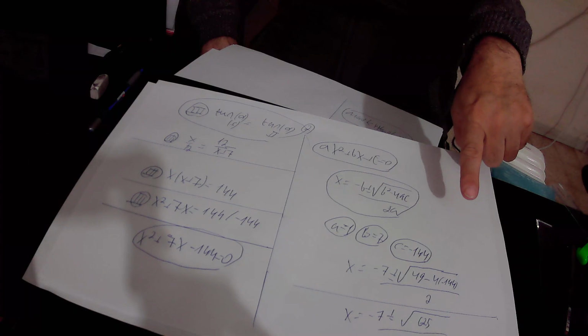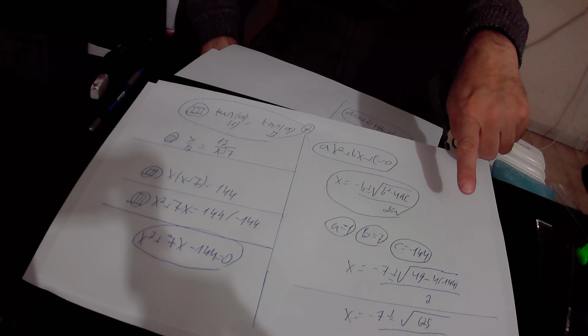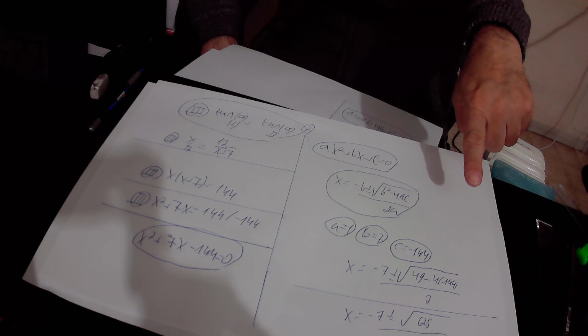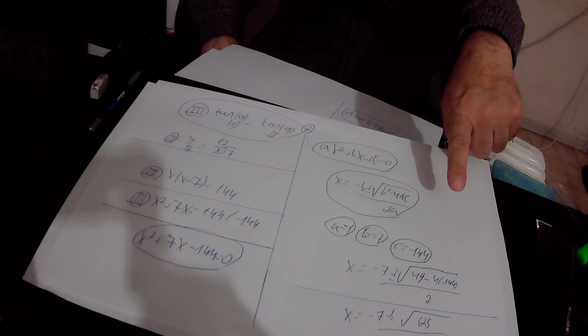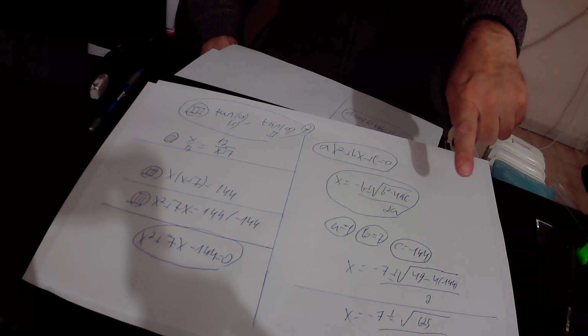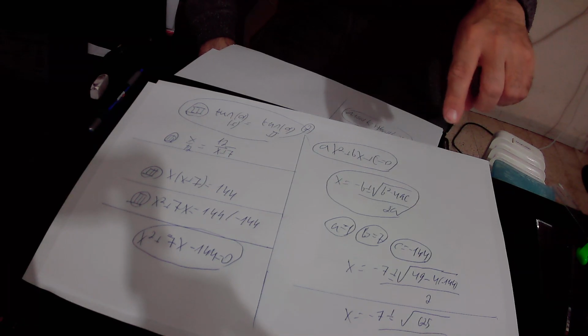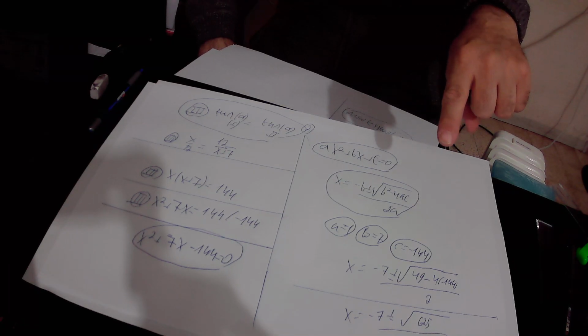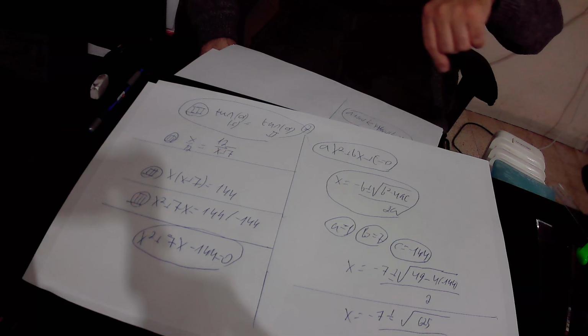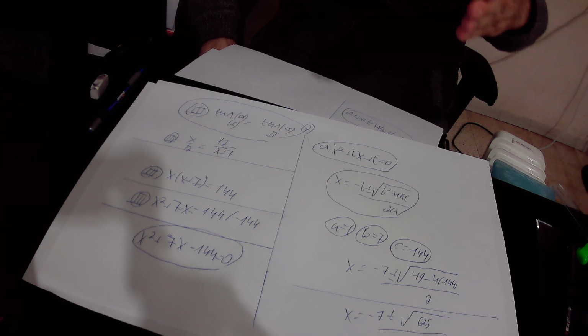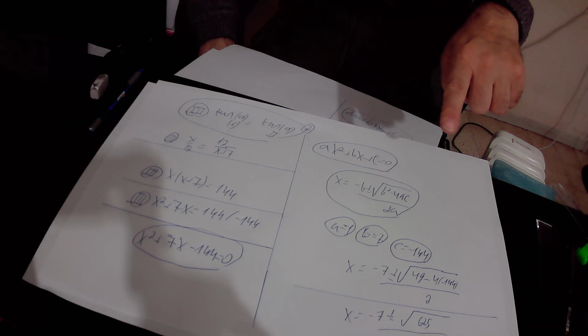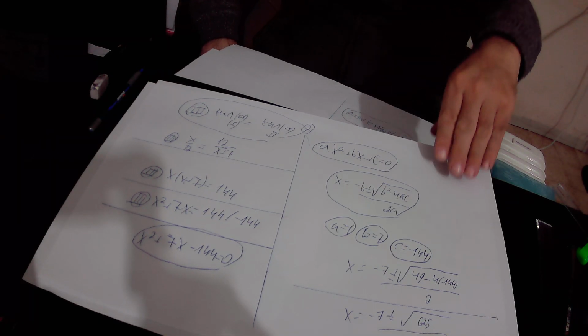Minus 4 times minus 144 is plus 576, plus 49. In total, it equals 625. So inside the root we are left only with 625. So in conclusion, x equals minus 7 plus minus square root of 625 over 2.